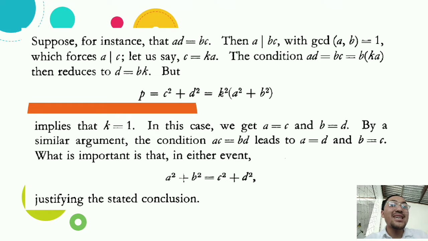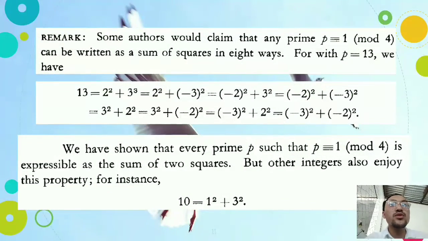But P equals C squared plus D squared equals the product of K squared and A squared plus B squared, which implies that K equals 1. In this case, we get A equals C and B equals D. By a similar argument, the condition AC equals BD leads to A equals D and B equals C. What is important is that in either event, A squared plus B squared equals C squared plus D squared, justifying the stated conclusion.